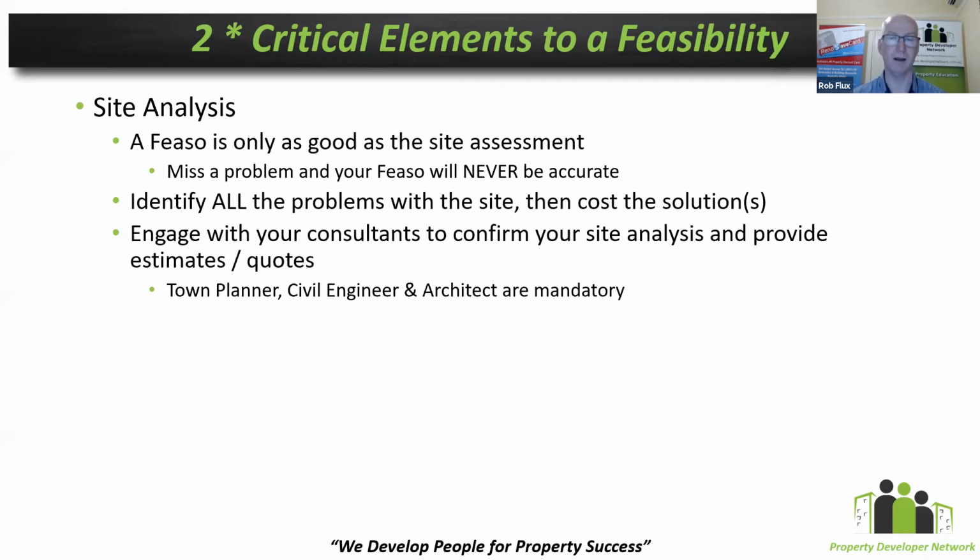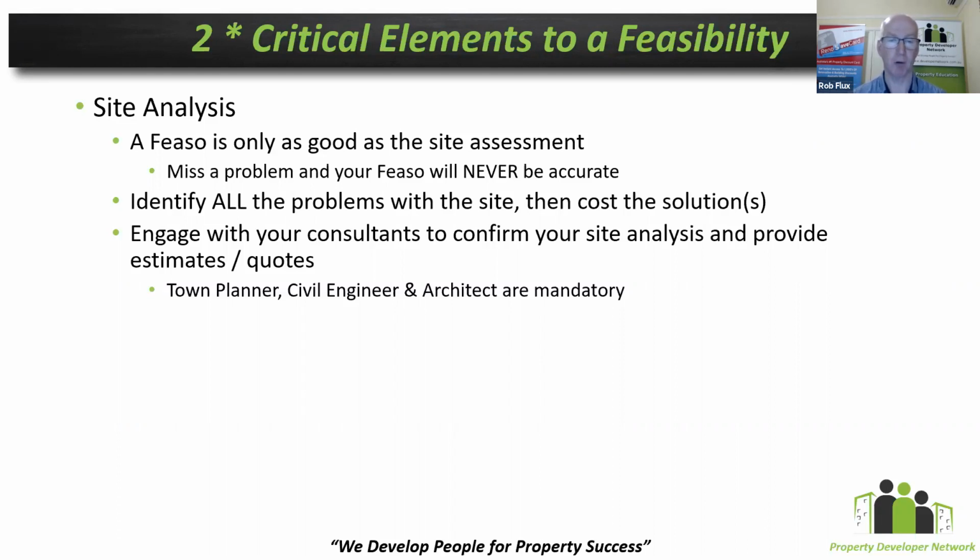One of the biggest things I can recommend is to get good at your site analysis. If you don't know how, find yourself an educator or a mentor that specializes in your particular strategy. There are so many different development strategies out there, so find the one that's going to suit your strategy. Then you will know the kinds of costs you need to identify and the kinds of problems you're going to look for.